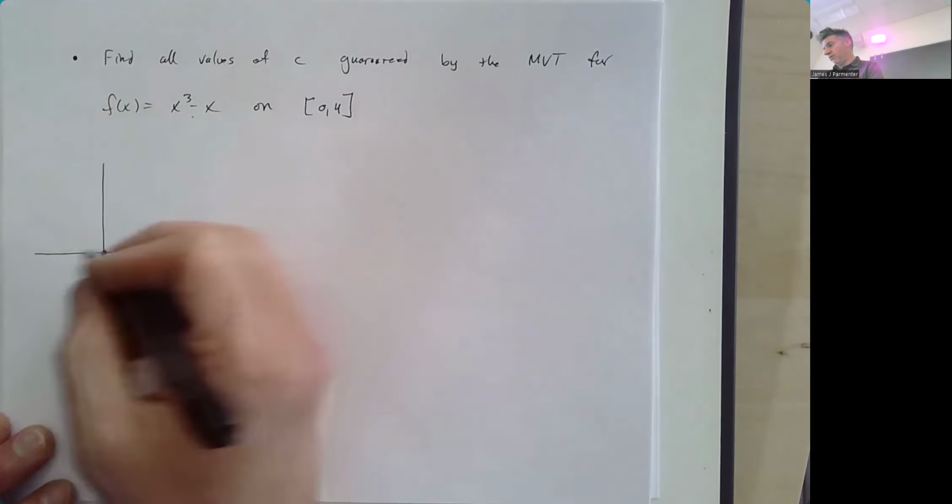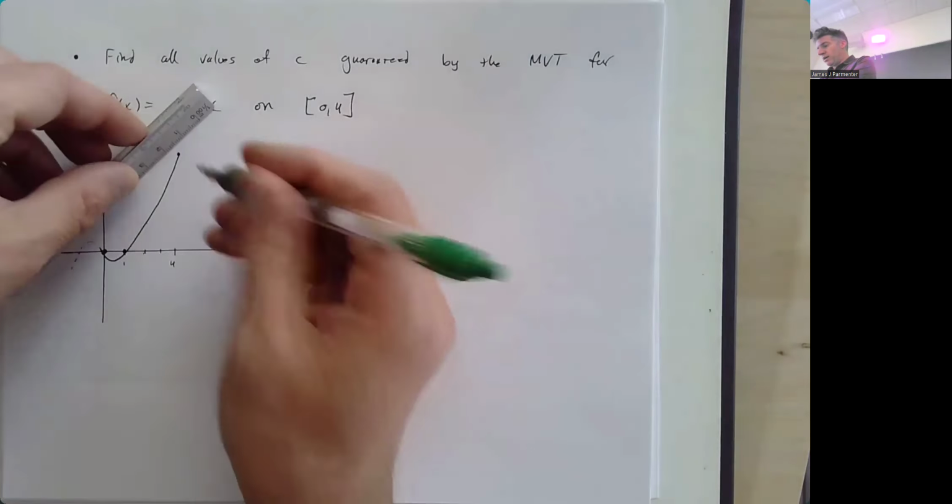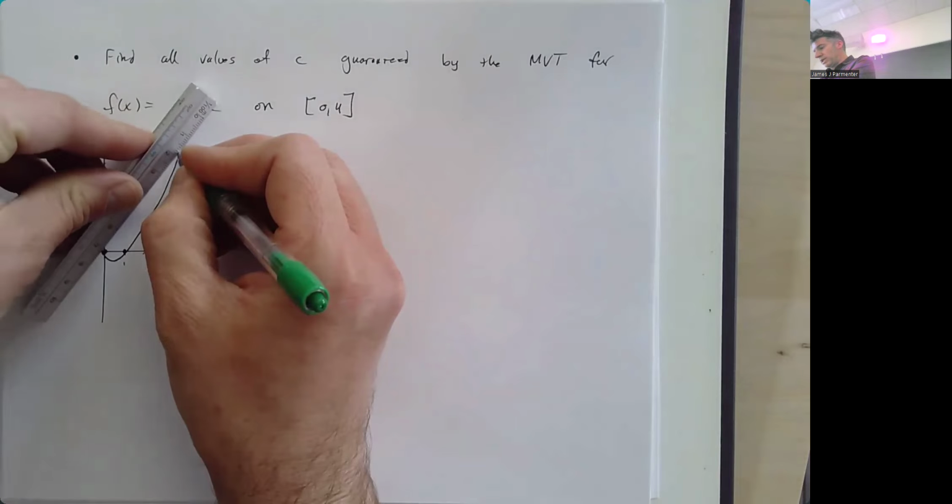If I plugged in 3, I'd get something like 24. So doing something like this. And so what we're saying is somewhere, at least one place between 0 and 4, there is a point so that the slope of the tangent line is equal to the slope of this secant line.